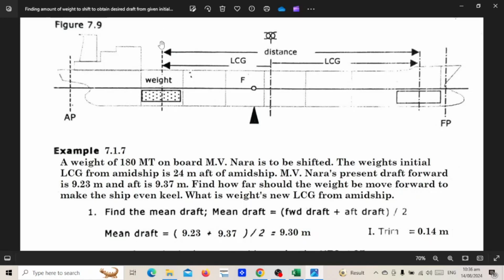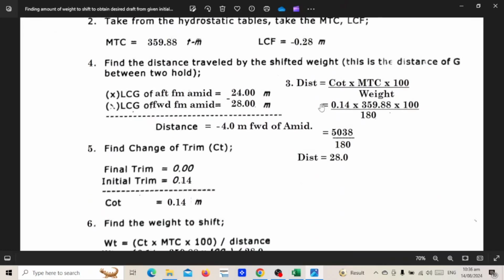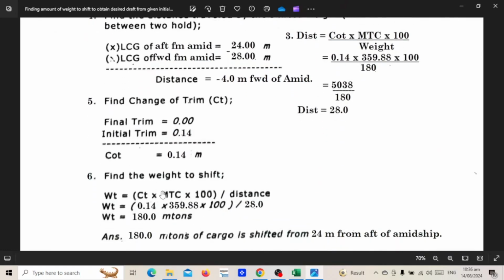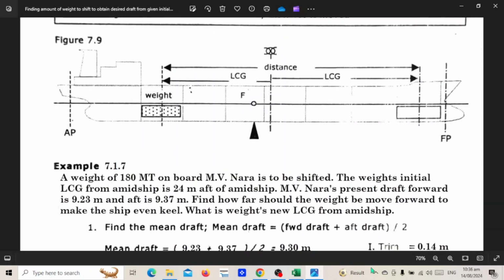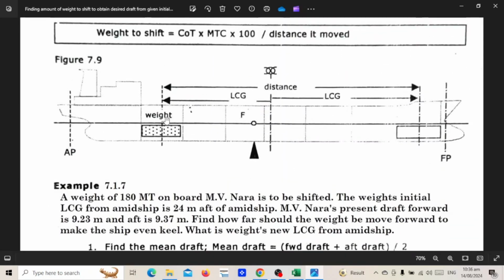You take out 180, move the 180 over here. So you don't need to use this formula. It's just common sense. But if you want to use this formula, it would be better, but you will still get the amount of 180 metric tons. But by common sense, if you take out 180 here and you want to shift it to this position, the weight will never change. It will always be 180.